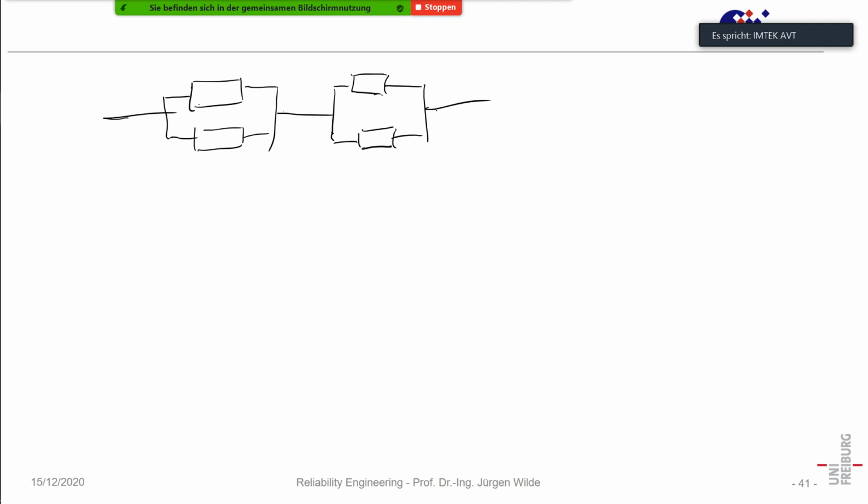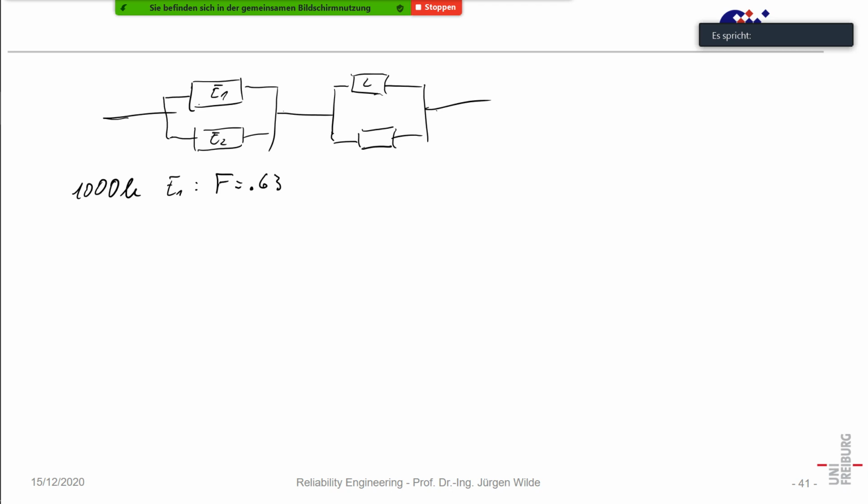So after 1,000 hours, one element F is 0.63. For 2 elements, what was it?